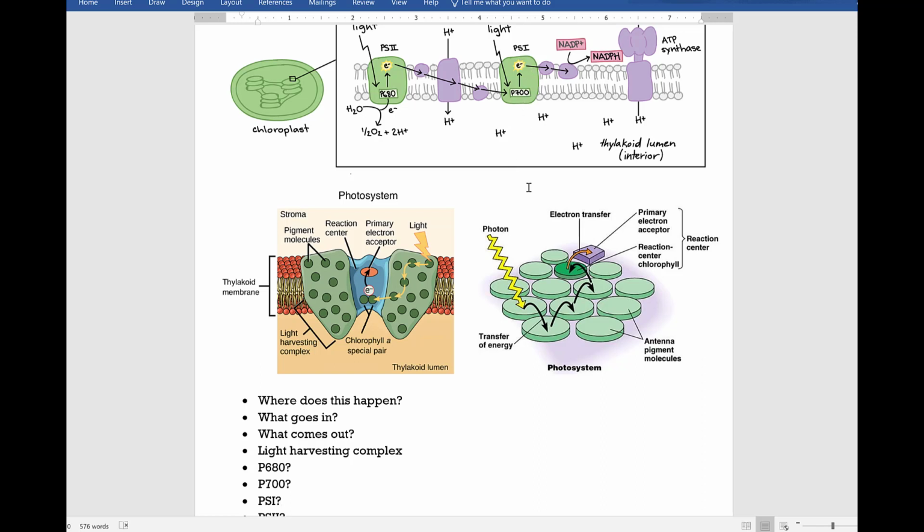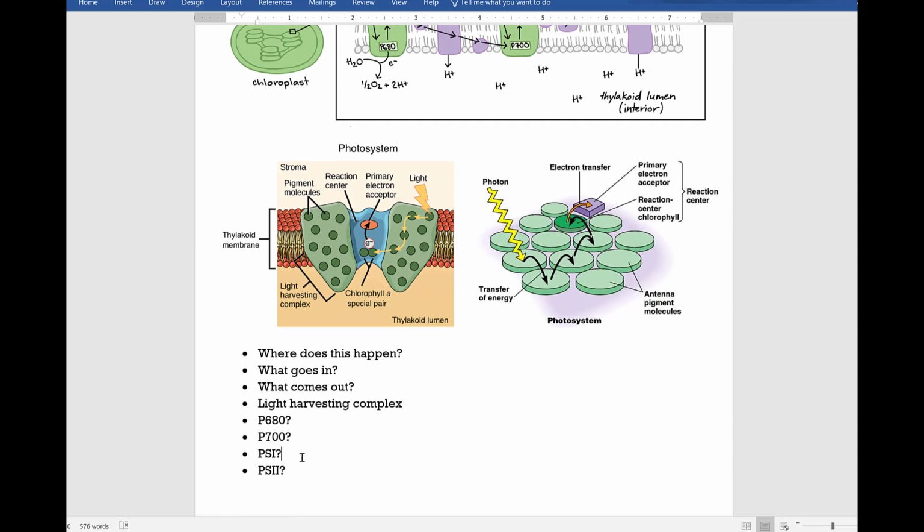And photosystem 1 was discovered first, and it is a photosystem. It collects photons, and then it is second in the pathway of the light reactions.